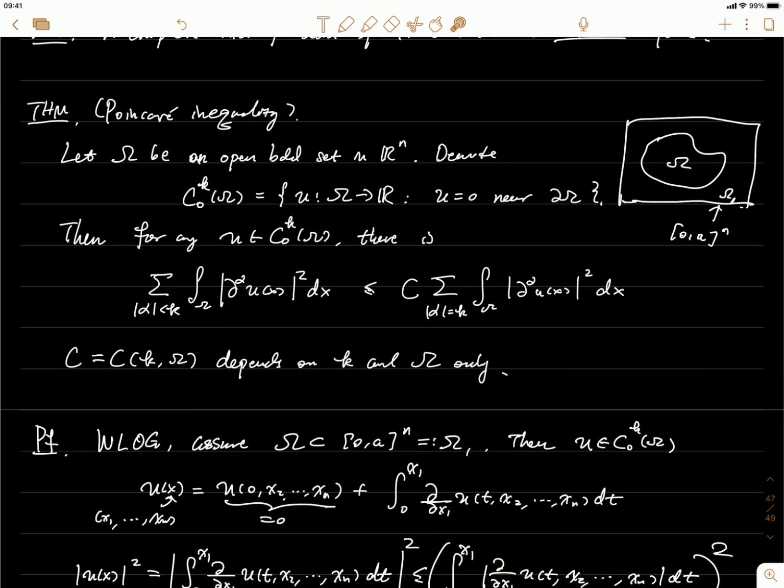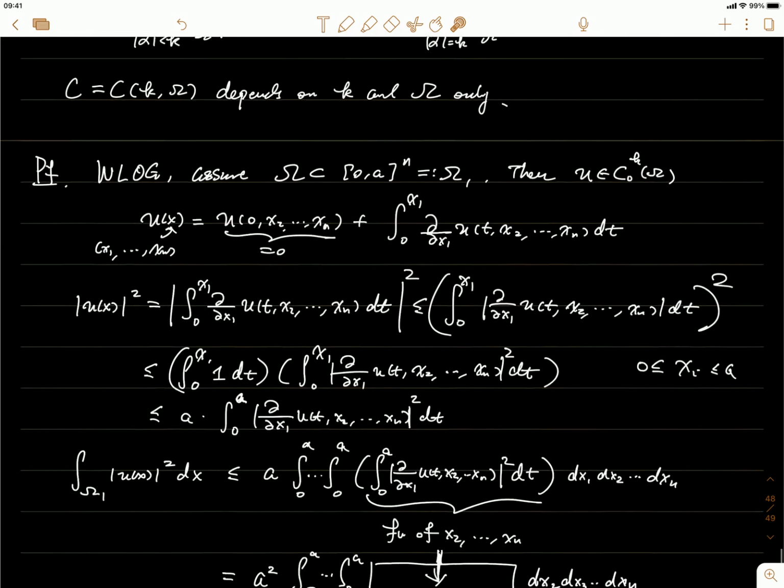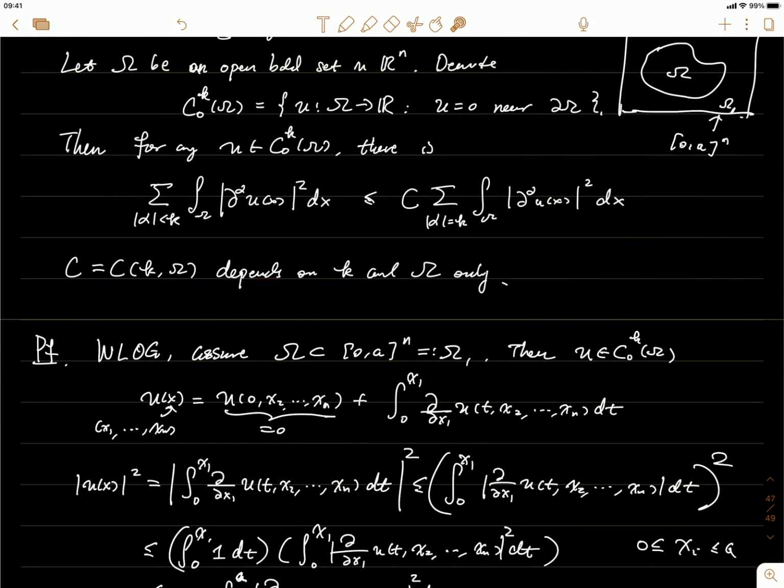Okay, but this inequality still holds. So in other words, we can define the norm to be this sum for this less than or equal to k, or we can just define the norm to be this.